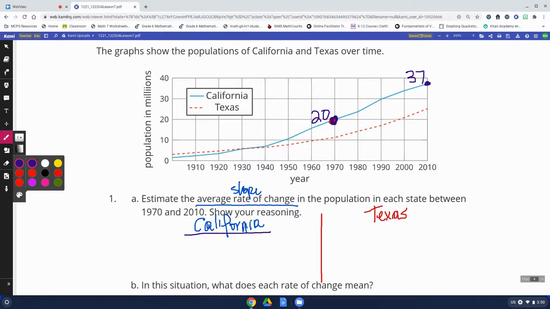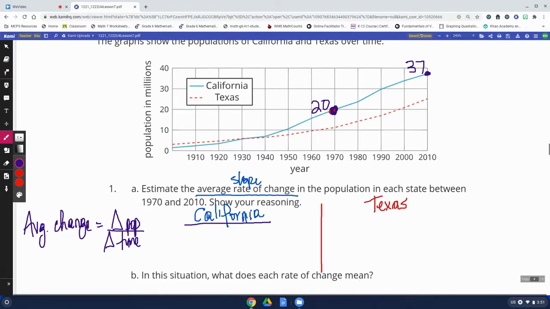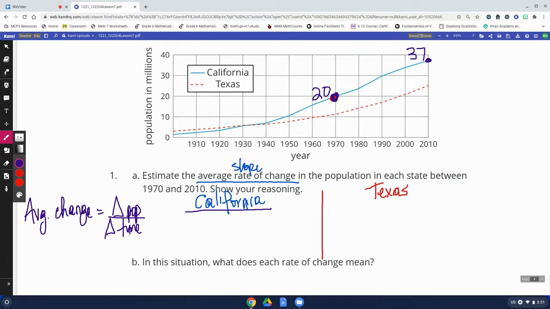So we're looking for the change in population, right? So the average change is going to be equal to the change in population over the change in time, which in this case is measured in years. Okay, so for California, the year is 2010 minus 1970.